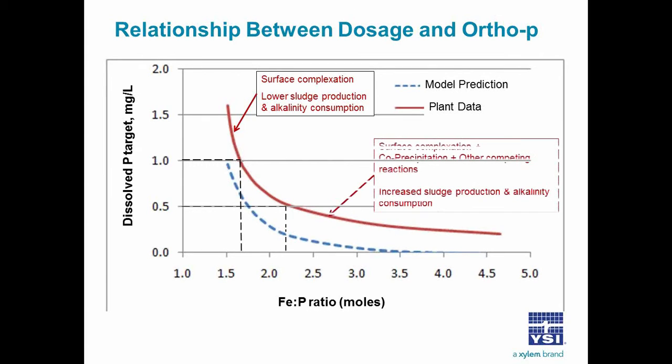But as lower targets are pursued, in addition to the surface reactions, there's co-precipitation and other competing reactions such that there's increased sludge production and alkalinity consumption in addition to the greatly increased amount of chemical required.